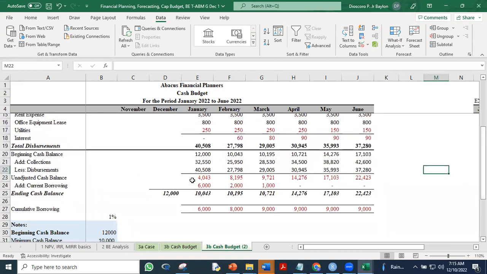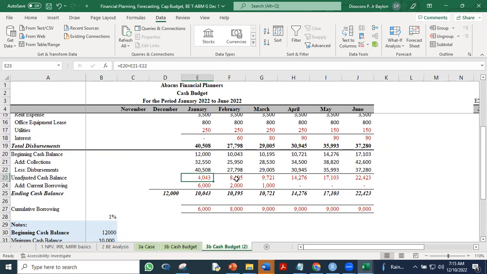Then we plot the cash flow. First is the beginning cash balance at the beginning of the month, and then we add how much is collected, and then how much is disbursed to get our unadjusted cash balance. Unadjusted because in case this amount falls below 10,000, then we will have to borrow in increments of 1,000.